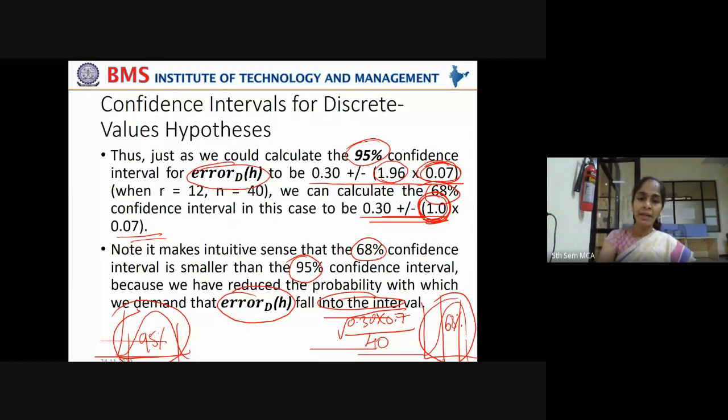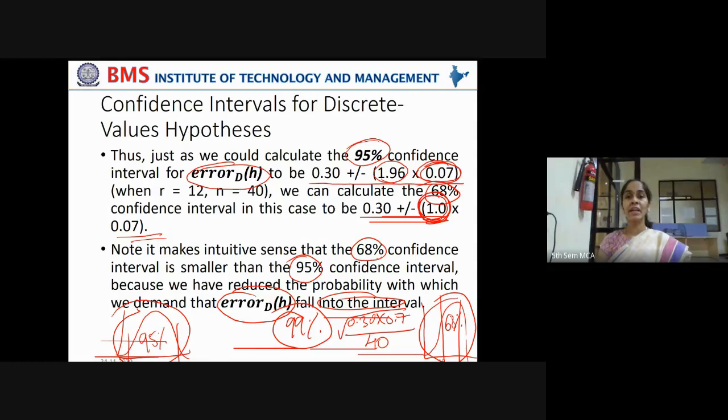Now when I take my confidence interval as 99%, I say that my machine learning model is making correct predictions 99% of the time. And for mission critical applications like lifesaver systems, or in many applications where the accuracy is very, very critical, you have to take the confidence interval as 99% or sometimes 99.99%.